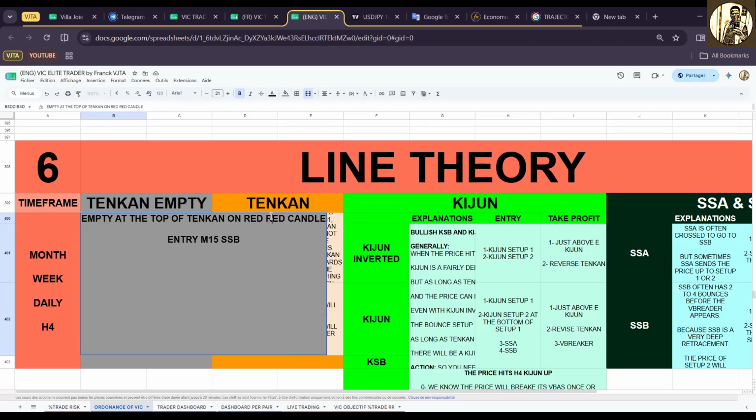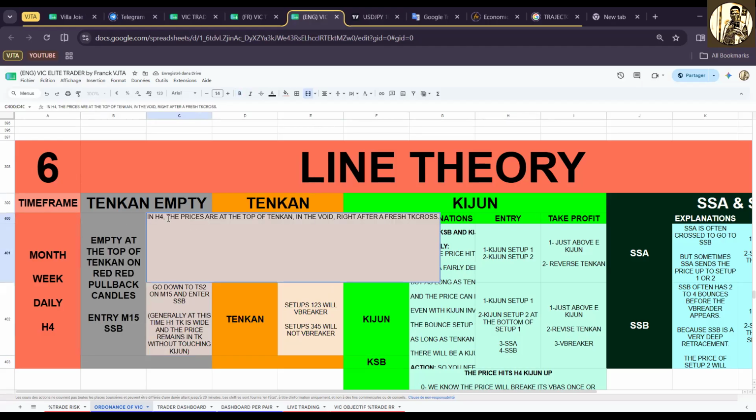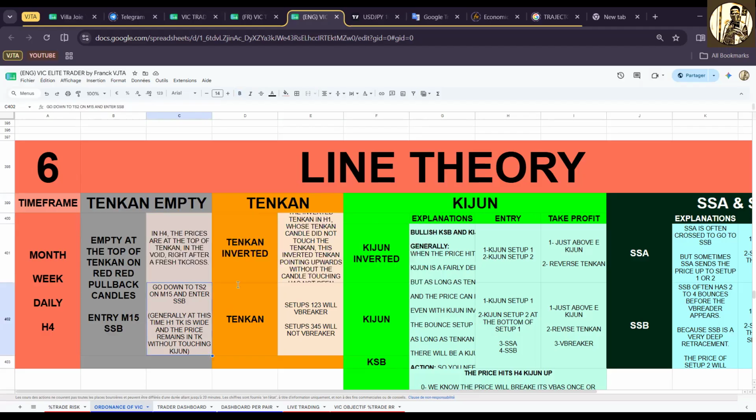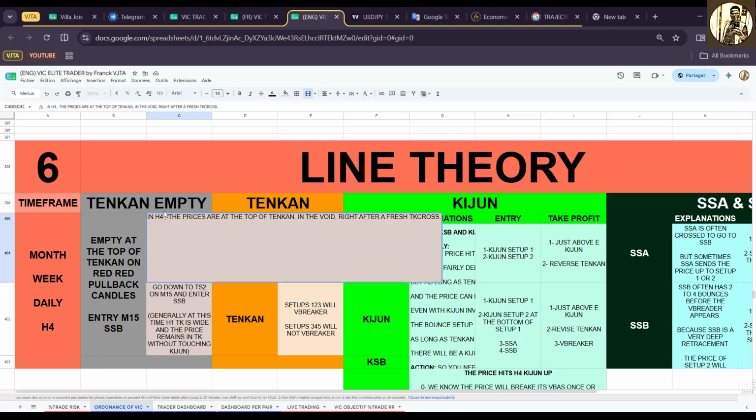The empty space above Tenkan on the red pullback candles. You go and enter on 15-minute SSB. So if you are, for example, on 4 hour, and the price is at the top of Tenkan in the void, right after a TK cross, I'll do 4 hour or daily.